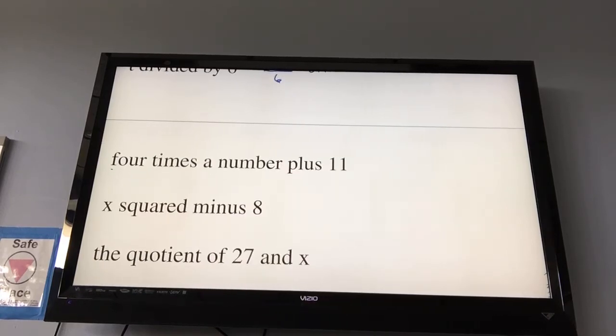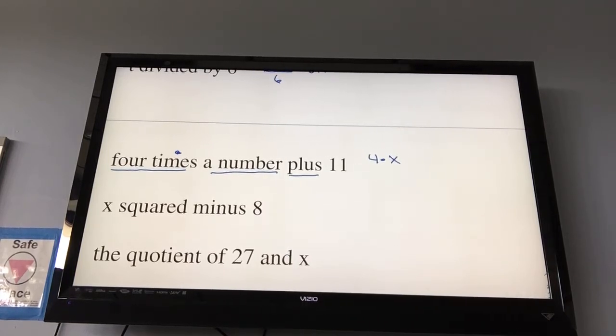All right, 4 times means multiply, a number, so 4 times x, or whatever letter you're using for your number, I don't care, plus, so plus 11. Or without the times symbol, just 4x plus 11.